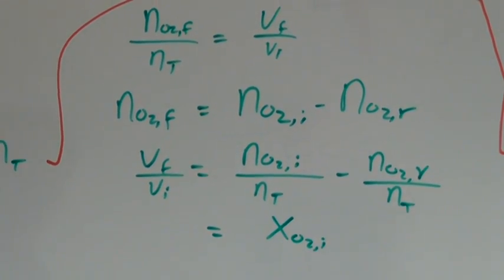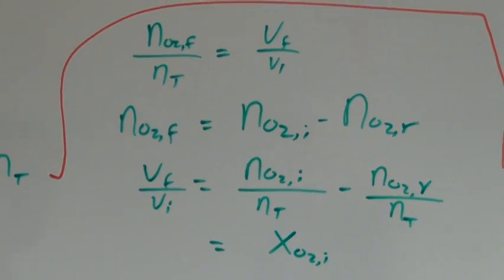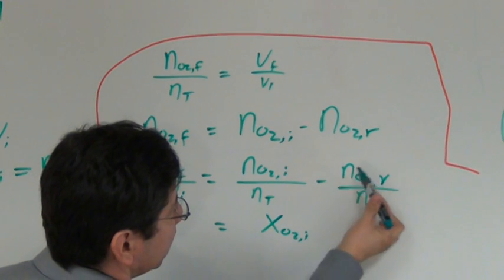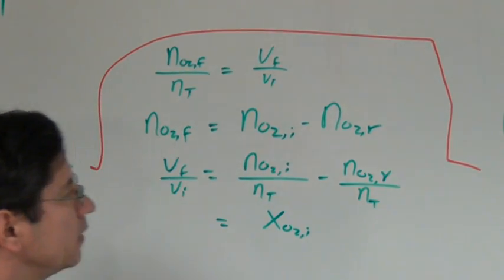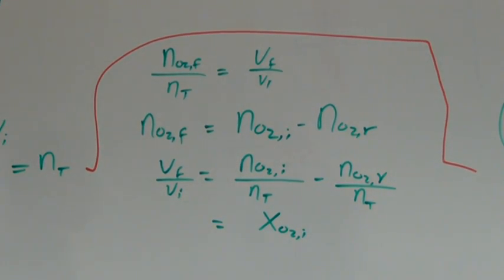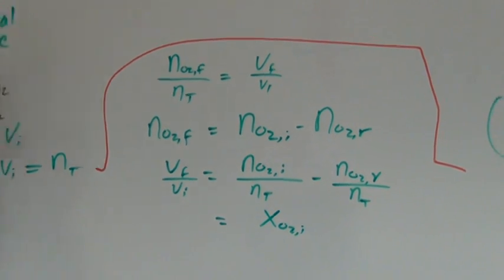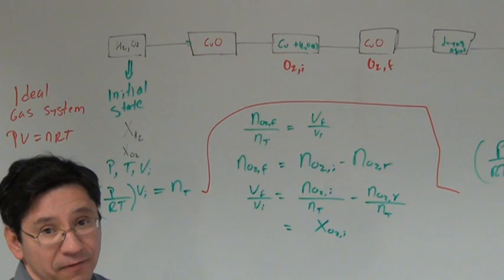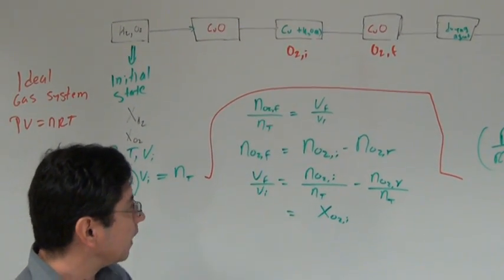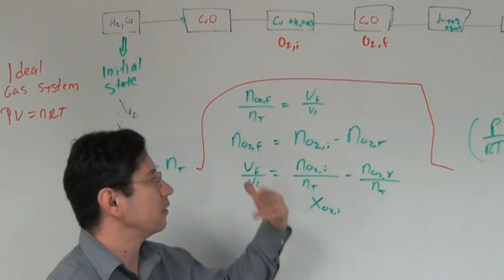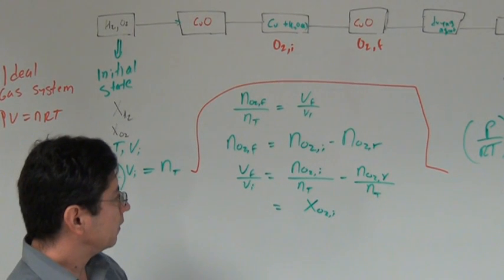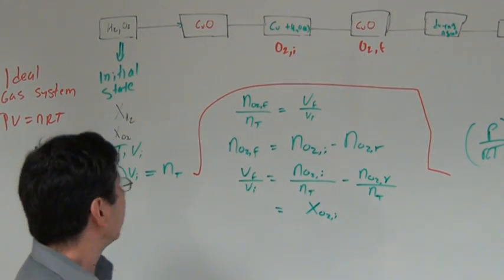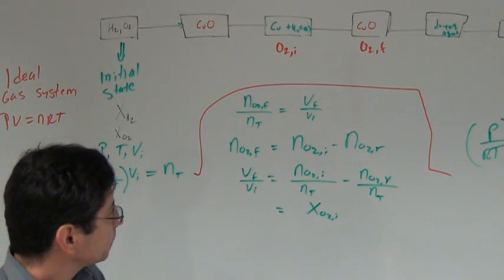So that is now a relationship with this guy here. But then what would be the relationship between the number of moles of oxygen that reacted with the number of moles of hydrogen in the initial state? We need to find that out. Once we find it out, then we plug it back here, and then we see that it can be solved for the mole fraction of hydrogen.